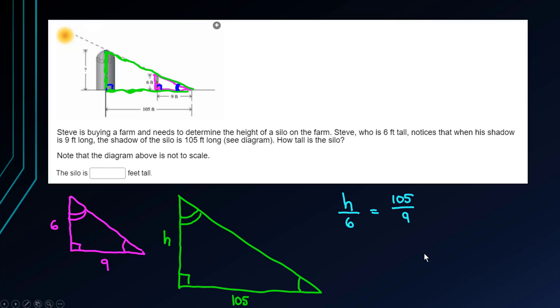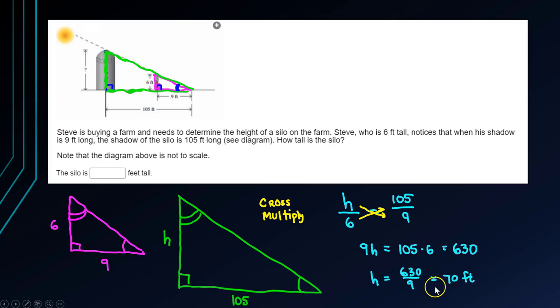So there's another method that was often taught, which is that we could cross multiply in order to solve this, which means I would do h times 9 to get 9h, and 105 times 6 to get 630, which means that 9h would equal 630. Dividing both sides by 9, I would get that h is 70 feet. So based on this calculation, the silo is 70 feet tall.